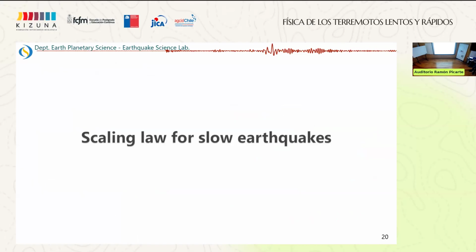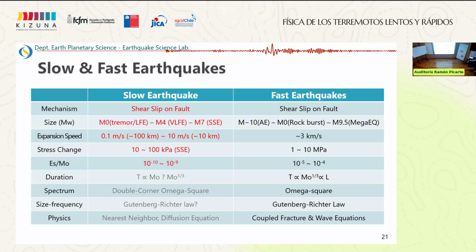Then we want to explain these phenomena using one interpretation, using a scaling law for slow earthquakes. This is a comparison between slow and fast earthquakes. What we know is there is only one common feature between them: the mechanism.